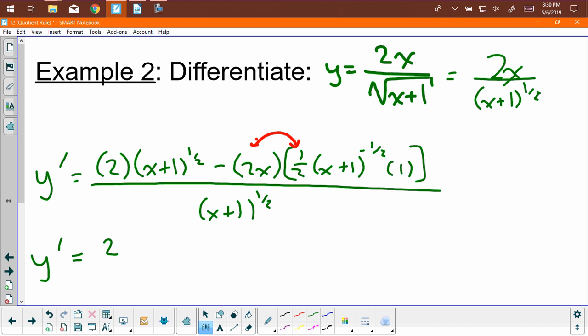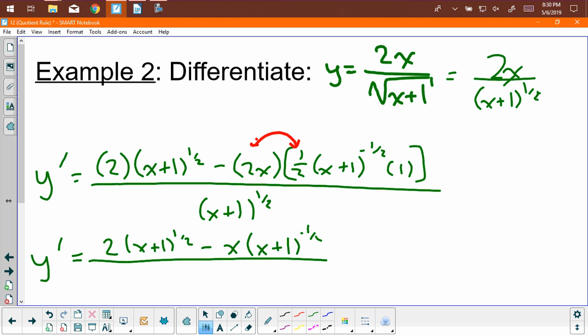So I have 2 x plus 1 to the half minus 2 times the half is 1, so x times x plus 1 to the negative half, all over, oops, I did miss something down there, this whole thing is squared. In the denominator, half squared, so half times 2 is 1. So I just have an x plus 1 at the moment down there.